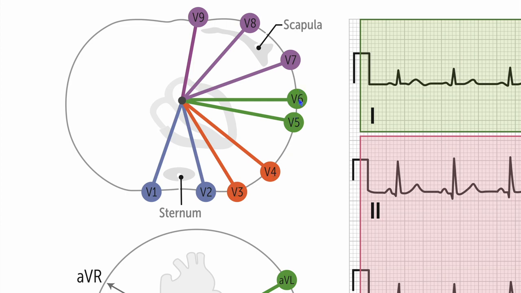You have V5 and V6 over there. Normally it ends there, if you have done internship or any kind of rotations in a hospital. Sometimes at a fancy hospital, they could have V7, V8, and V9 going all the way back.